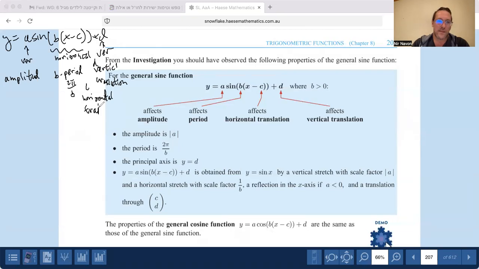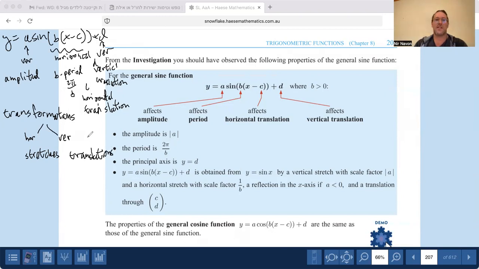So again, like I said in the previous video, our transformation in all functions can go either horizontally or vertically, and they both have stretches or just translations.